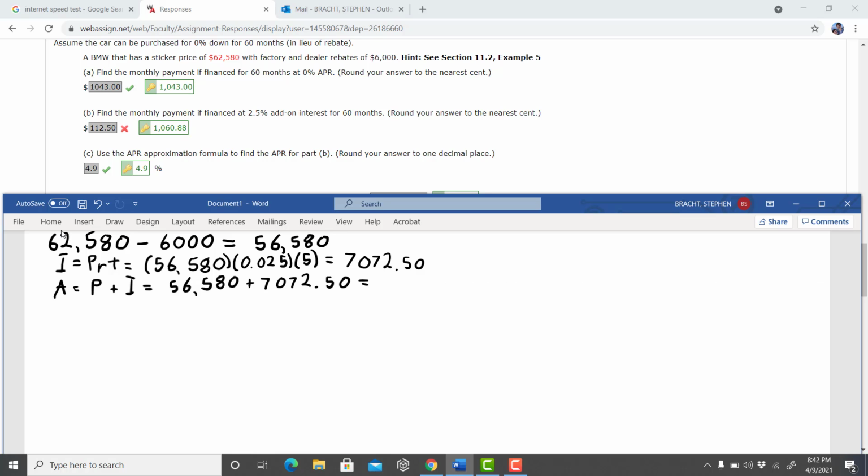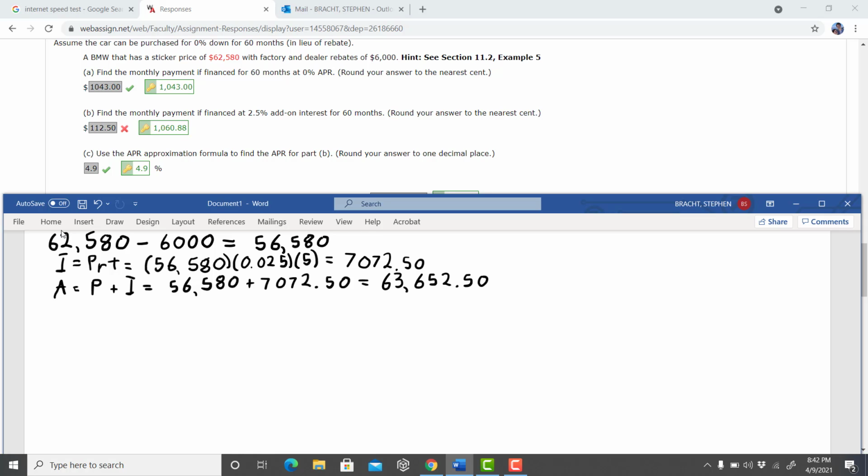That works out to be $63,652.50. So that's the total amount you're paying back, the principal plus all the interest, and it is going to be paid out over the course of 60 months, 60 equal payments.